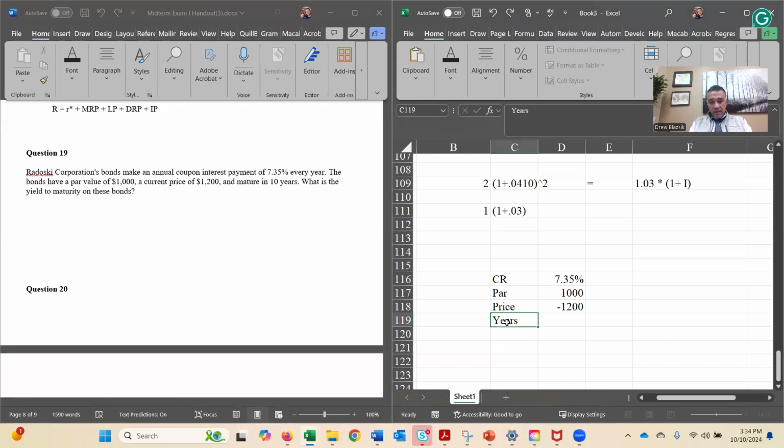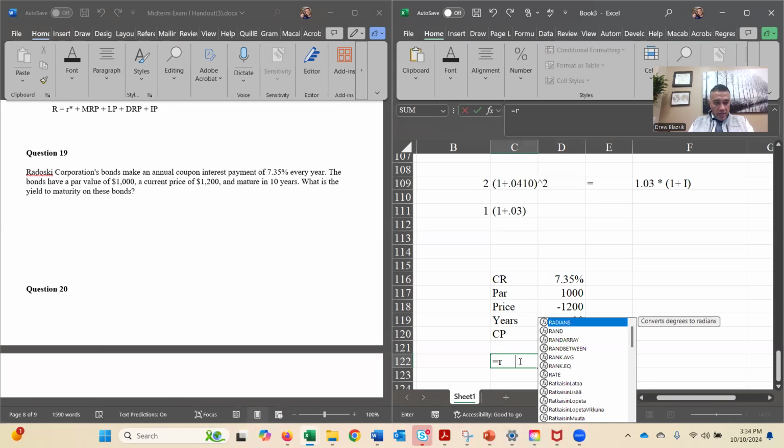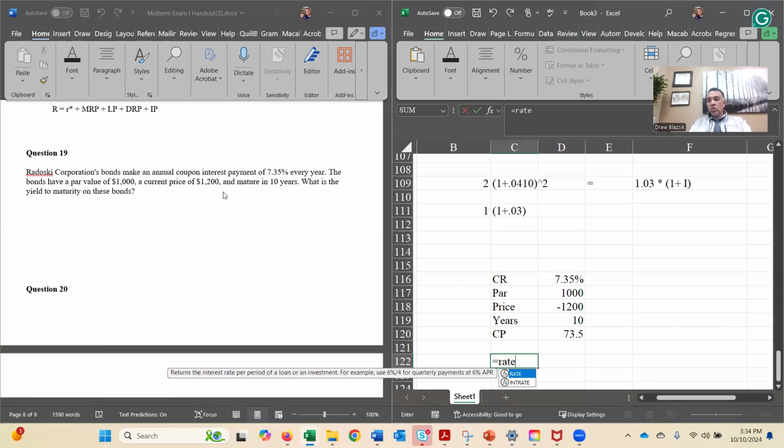Years. That's going to be, hopefully you have your bond calculator, years. What is the yield to maturity? So I have to know the coupon payment. So that's the PMT. That's going to be the coupon rate times the par. And what we want to know is equals to rate. I'm going to double check that this is annual coupon payments. We don't divide by 2, nothing like that. It's not semi-annual.